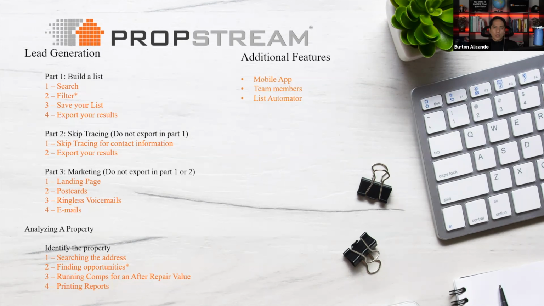Now, part two is skip tracing. Over the years, in like 2016, 2017, we realized the skip tracing thing is not going away. As more and more people have cell phones and emails, they're going to utilize that marketing method. So within PropStream, you can skip trace. It is an additional cost. It's 12 cents if it gets results.